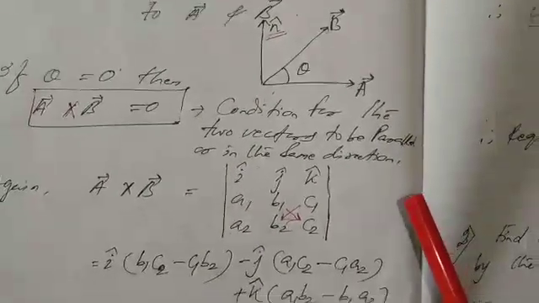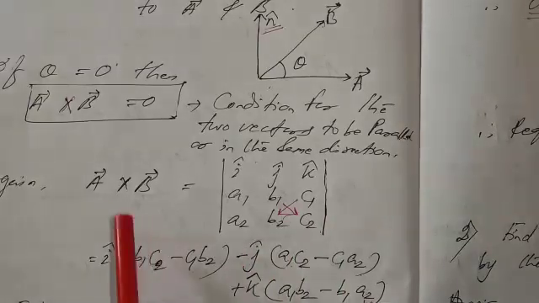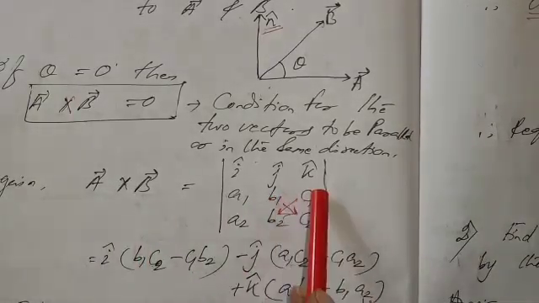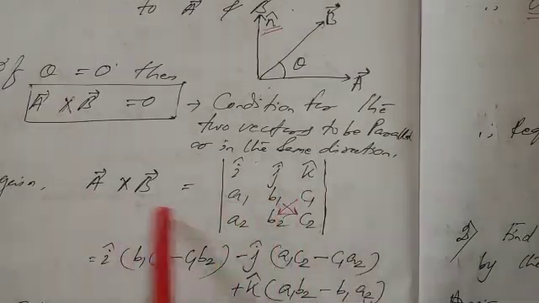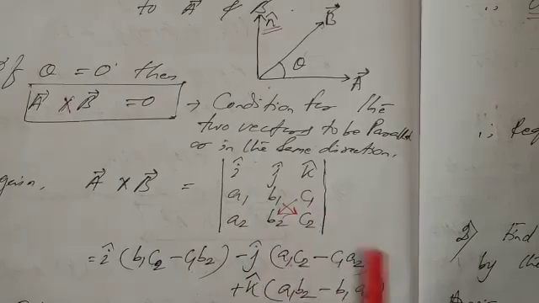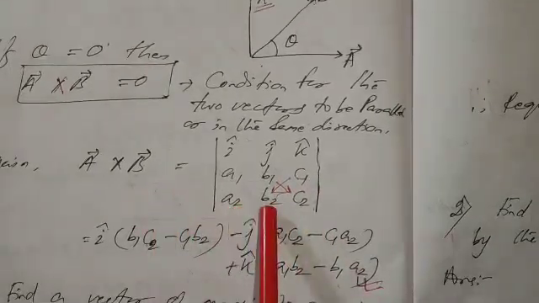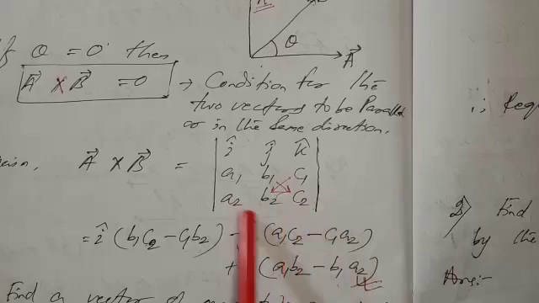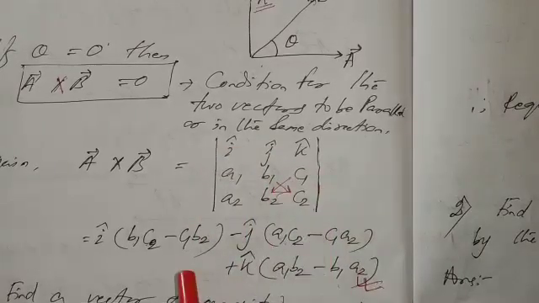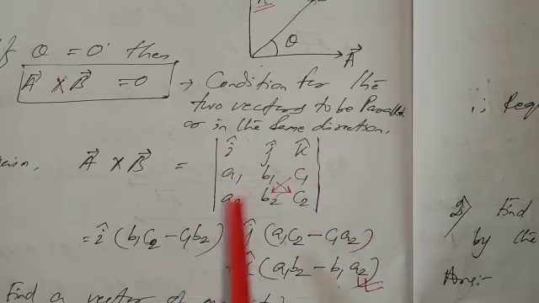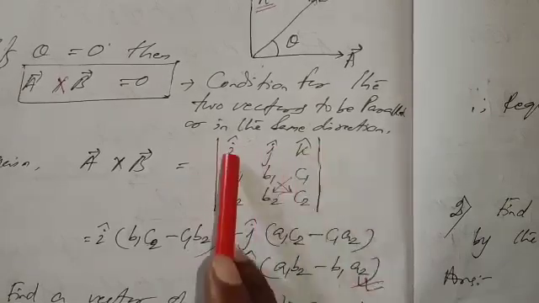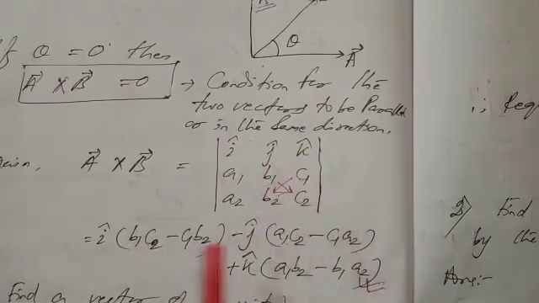How to find A cross B? Let us see. A cross B is equal to i, j, k in determinant form. The first vector components a1, b1, c1. Second vector components a2, b2, c2. In determinant form you have to write, then break it using determinant properties. i whole into, omitting this row and column, b1 c2 minus c1 b2.